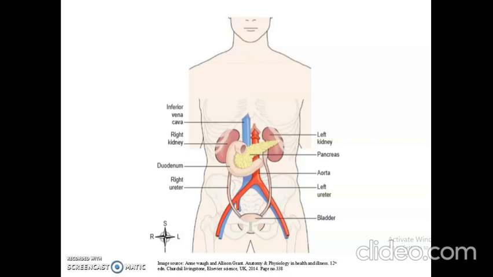The normal length is 11 centimeters, width 6 centimeters, and thickness 3 centimeters. The shape of the kidney is bean shaped, and the normal weight is approximately 150 grams.